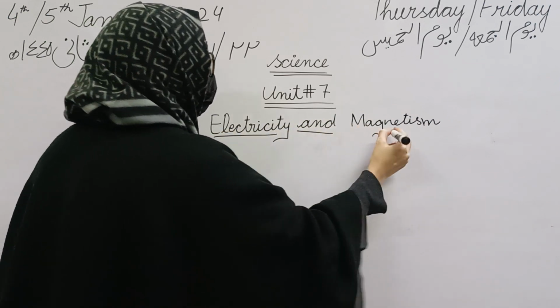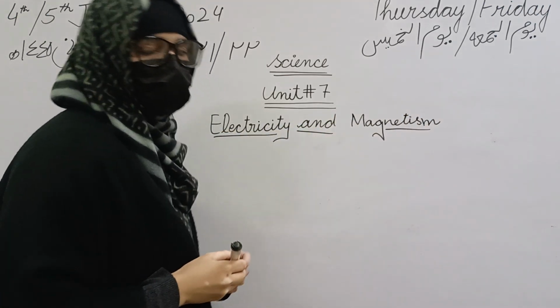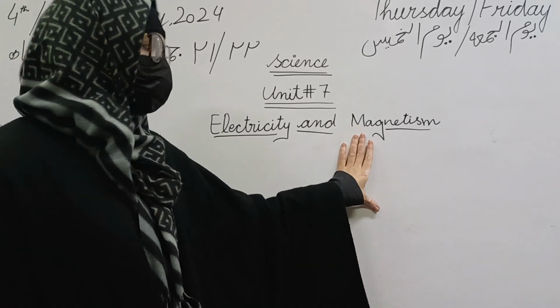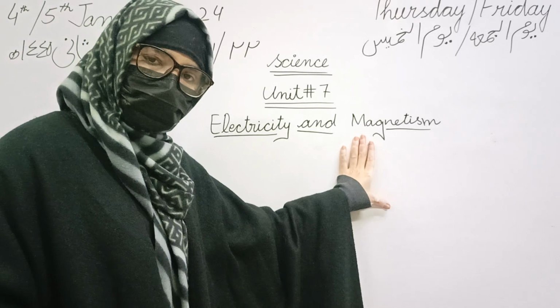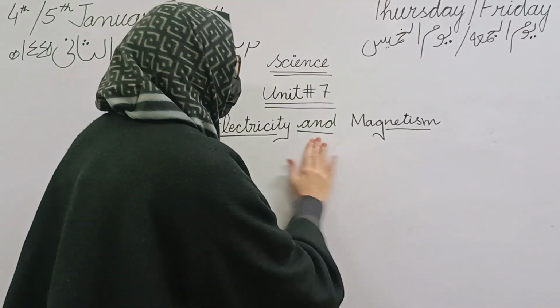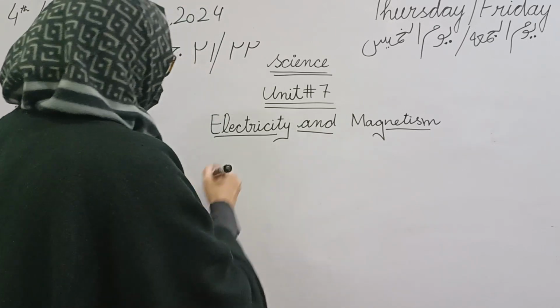Electricity and magnetism. So that's our unit number 7. First of all, we will study about magnets. What are magnets? That's our topic today.